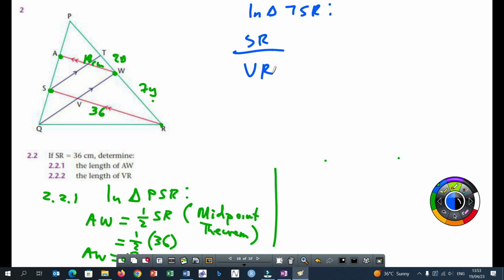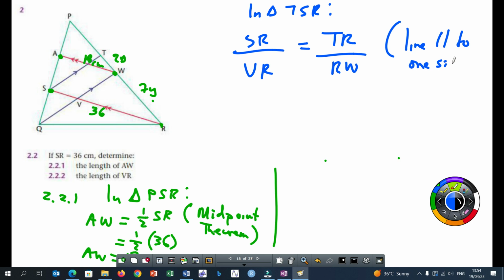Then on the other side, since I started with SR, for the right-hand side I have to start with TR. So that would be TR or RT, whichever you prefer, over RW. Then here my reason will be line parallel to one side of triangle.